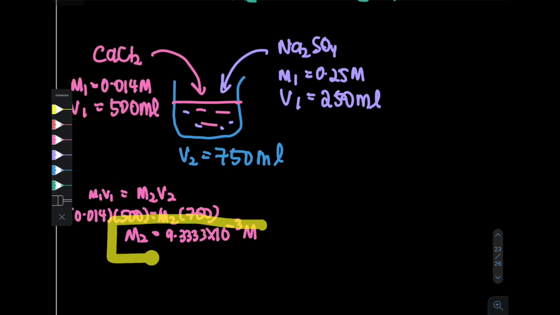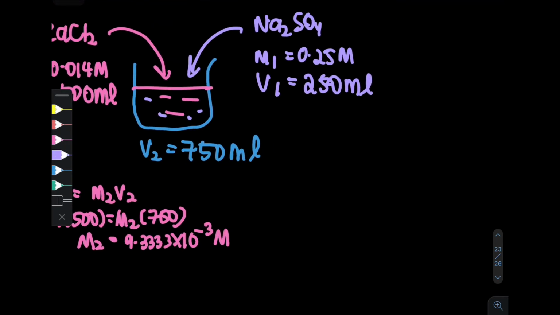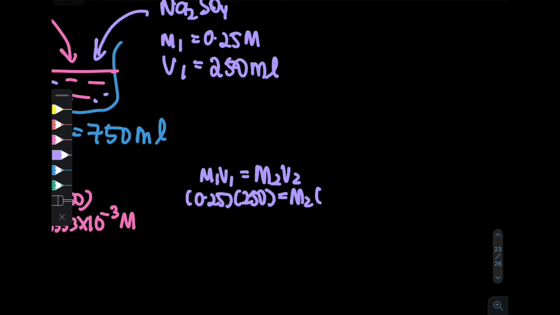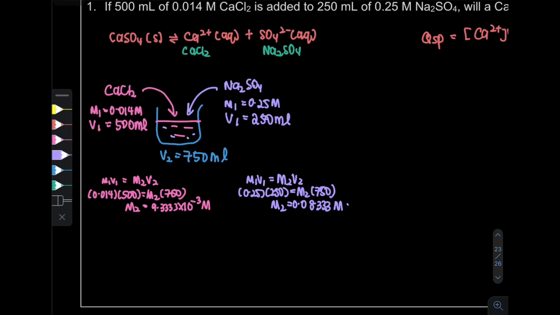This is the new concentration when the volume is 750. So next, untuk sodium sulfate. Okay, so this is the new concentration of our sodium sulfate. Okay, so then we know the new concentration.